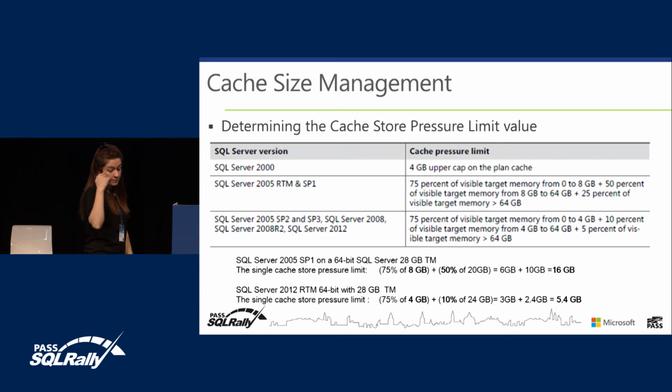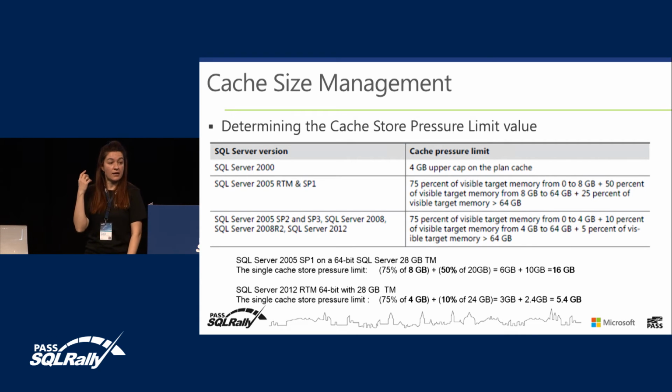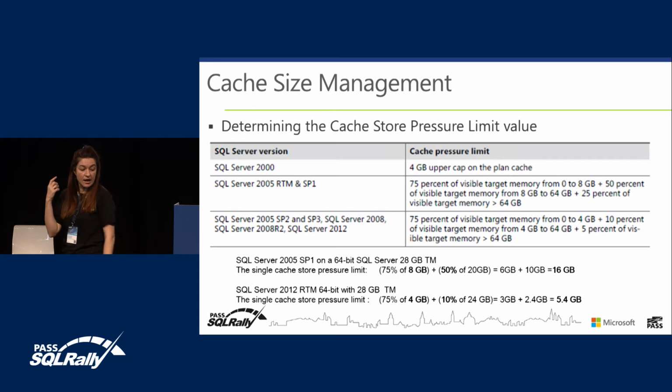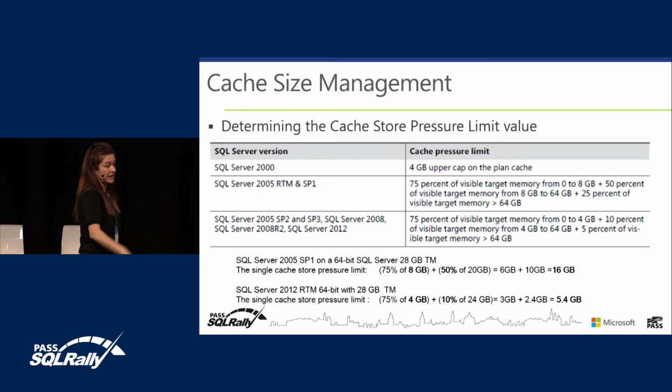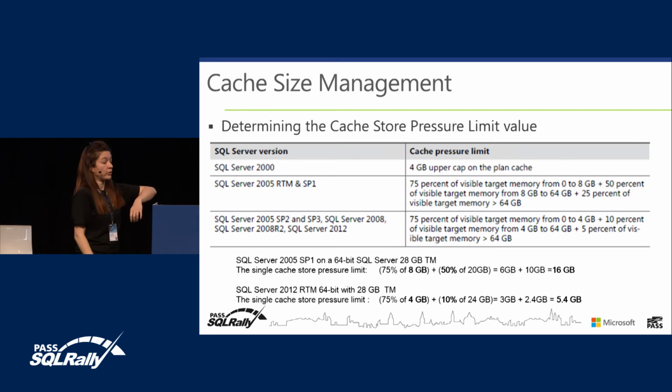So they realized that the calculation of this cache store pressure limit value in SQL Server 2005 is something that is not very well done. And they changed this in SQL Server 2005 Service Pack 1.